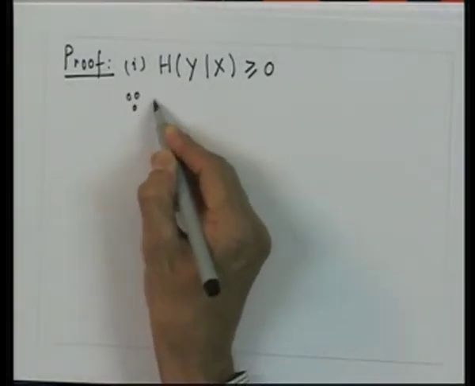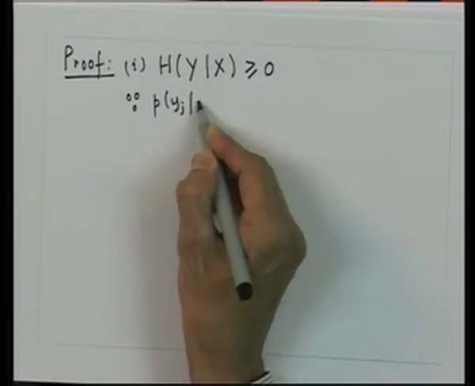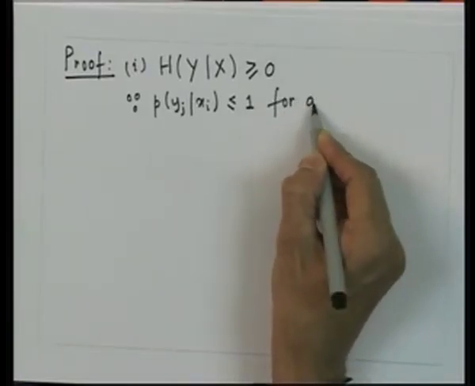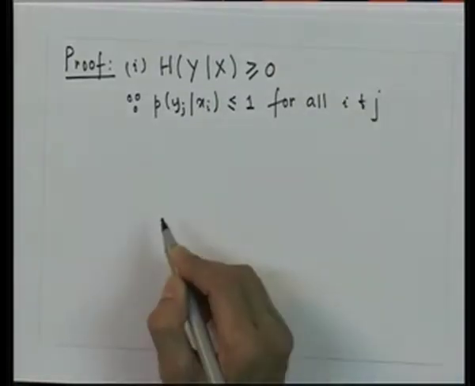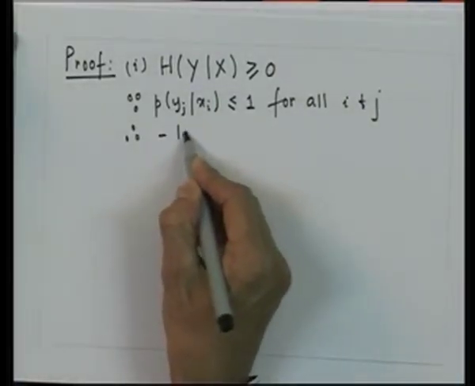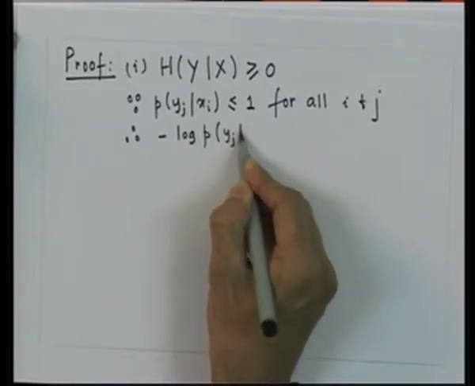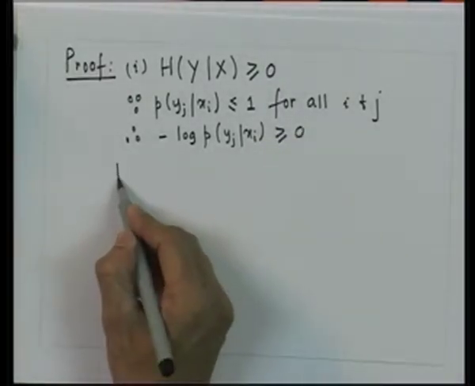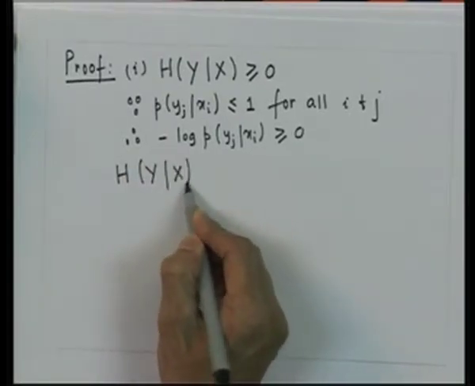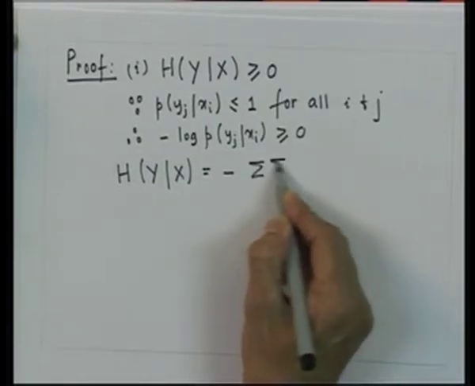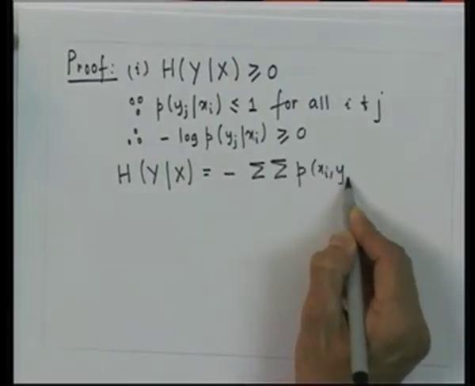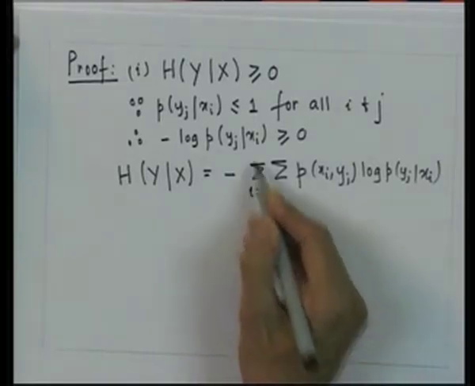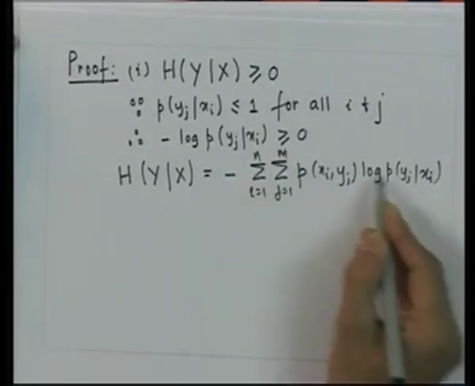Because probability of yj given xi is less than or equal to 1 for all i and j, this implies that minus log of probability of yj given xi is always greater than or equal to 0, and so from the definition of h of y given x, which is nothing but minus summation over probability of xi yj log probability of yj given xi, this quantity is positive.